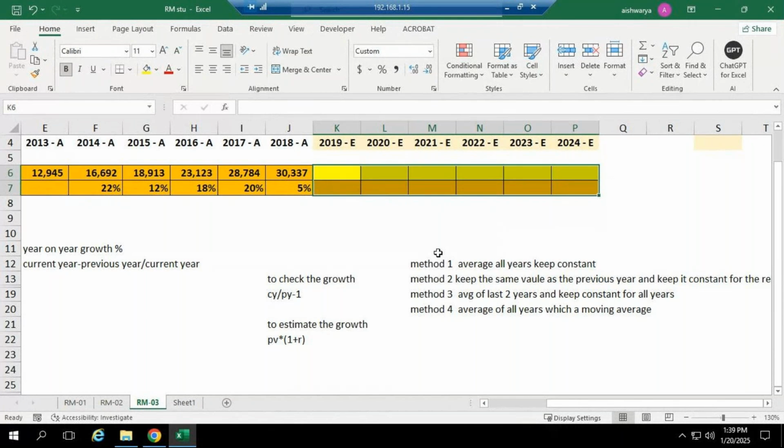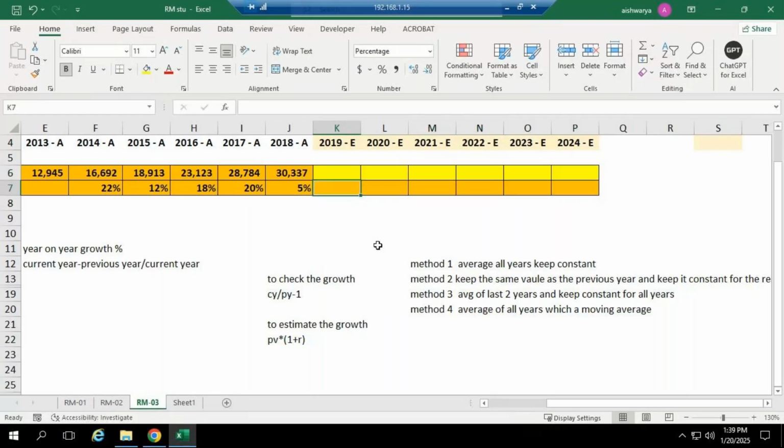Next method. Keep the same value as the previous year and keep it constant for the rest of the years. See, for example, if you have any pandemic situations, then year on year it will be fluctuating.